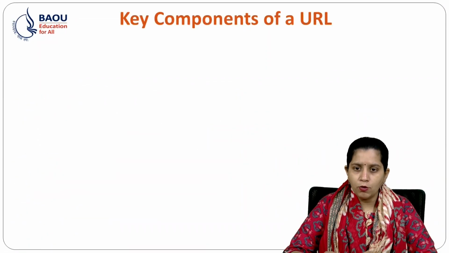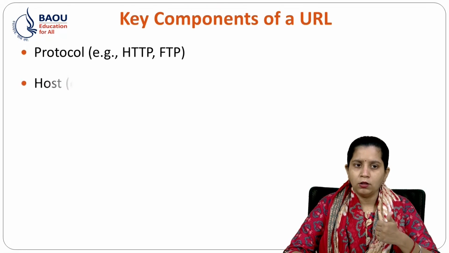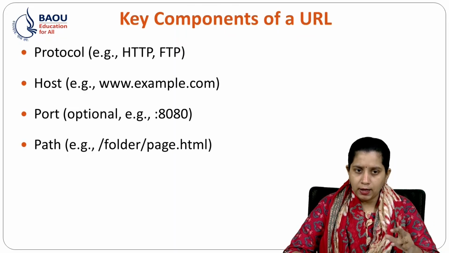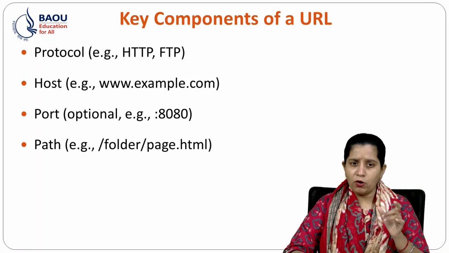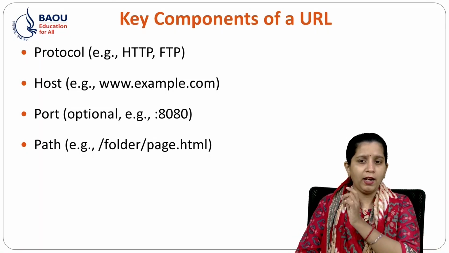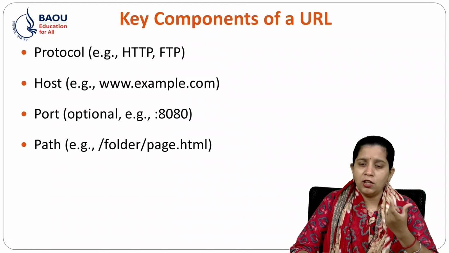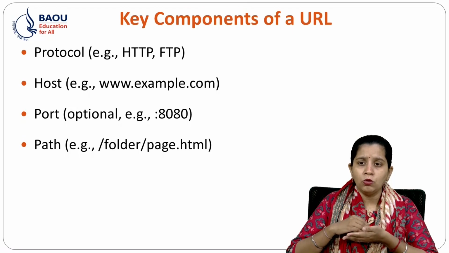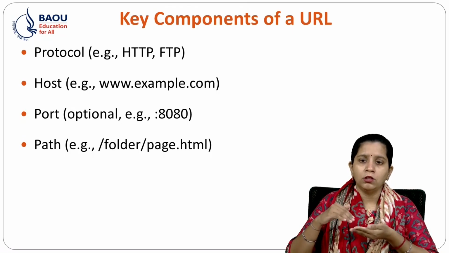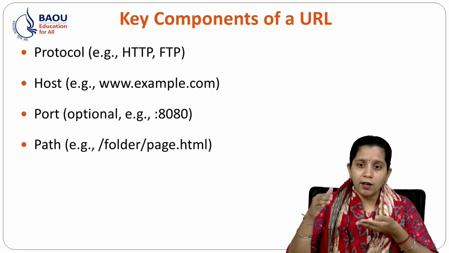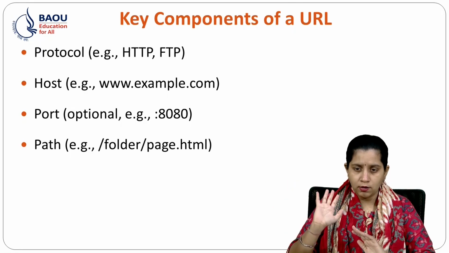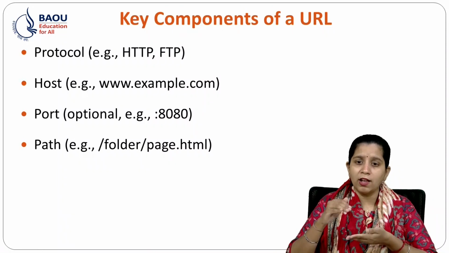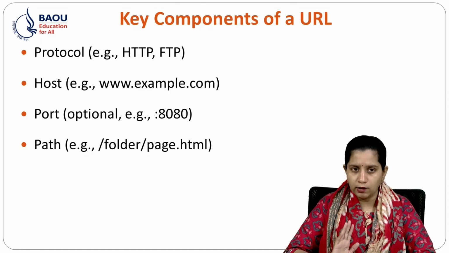The key components of a URL are the protocol, then host, then port, and the path. Protocol means HTTP or FTP. HTTP is used to render pages via web pages, via a web browser. But FTP is used to transfer your files from one place to another.